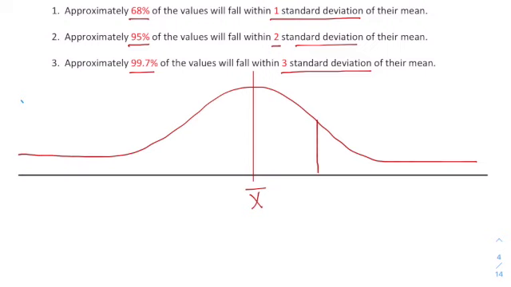You have the first thing, which is 68%, and that 68% is split because of your mean. So 68 divided by 2 is 34 on one side and 34 on the other side. That will make up your 68%.